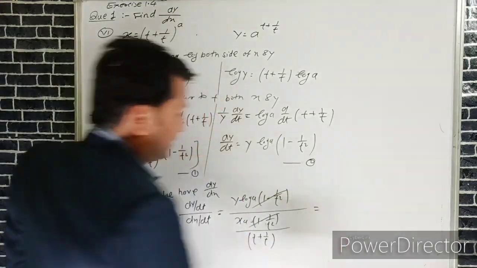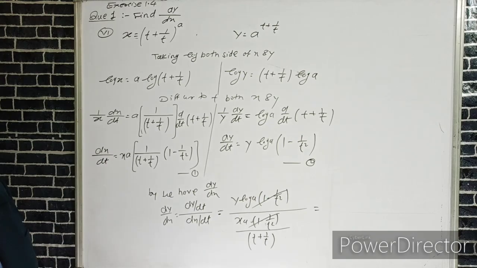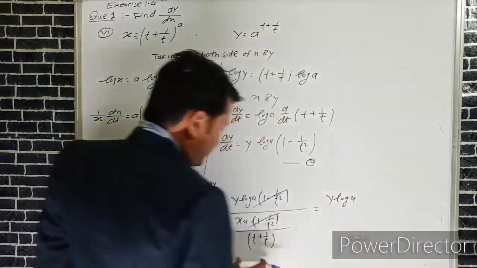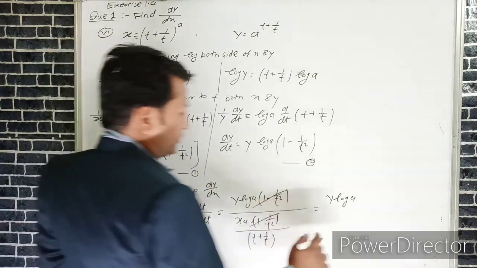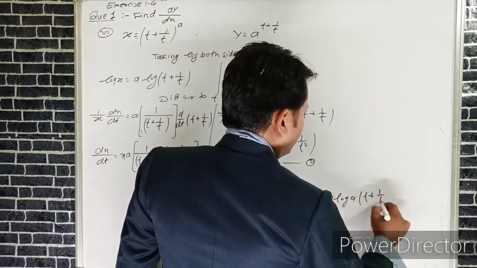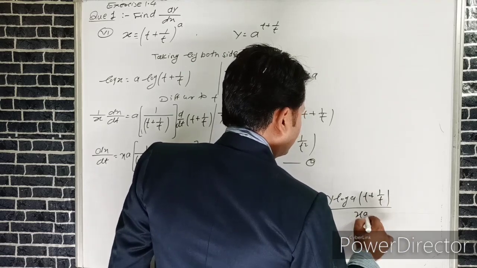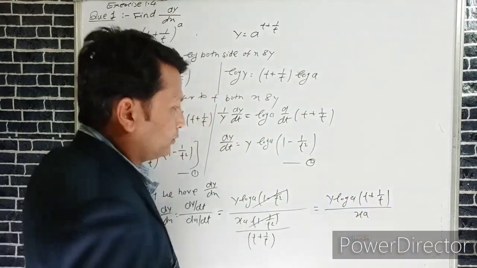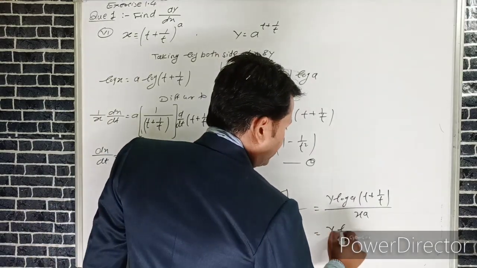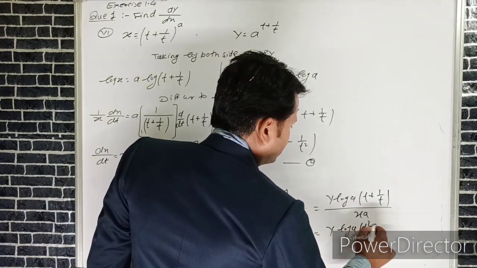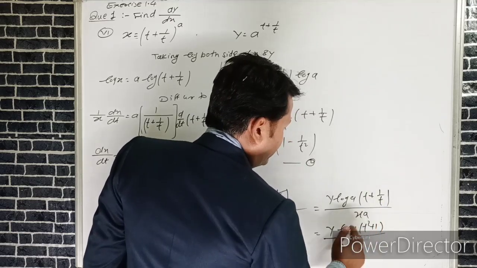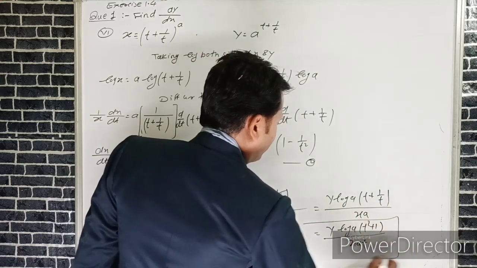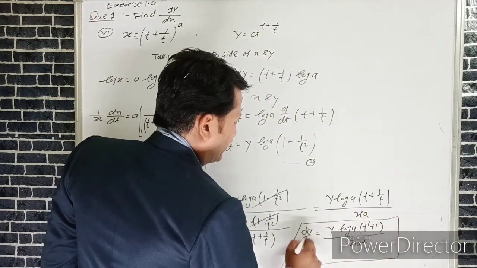We can write y log a, and taking the denominator to the numerator, (t + 1/t) upon x into a. Multiplying the cross product, we get y log a (t square + 1) upon x a t, which is the required derivative dy/dx.